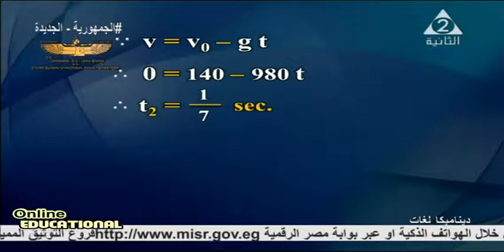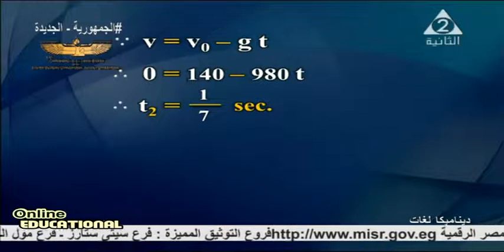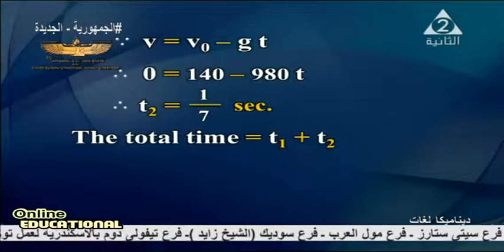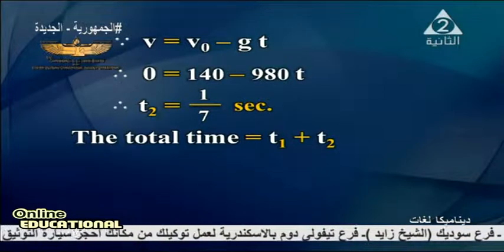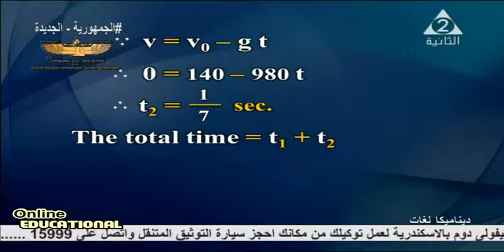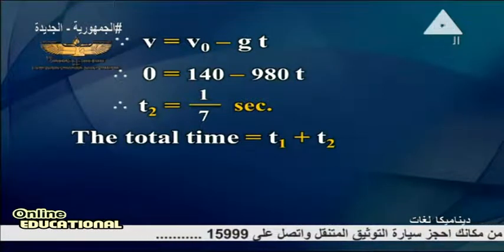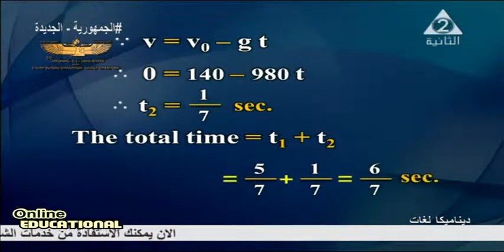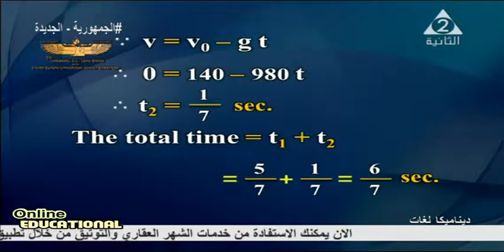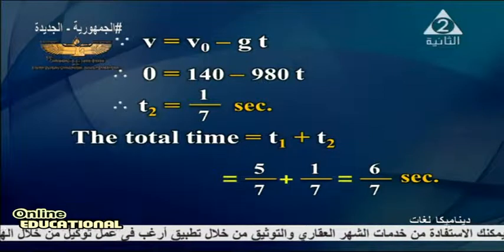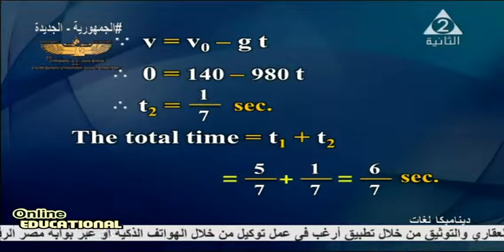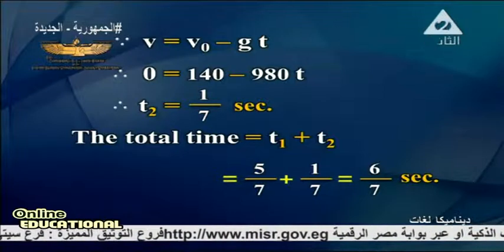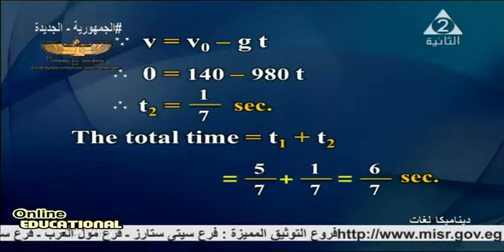Then the second time t2 equals 1/7 second. Then the total time taken by the second body from the beginning of motion until it comes to rest equals t1 plus t2, which equals 5/7 plus 1/7 equals 6/7 second. The first body impinges on the ground, and the second body starts to move upward after that. Then the total time equals 6/7 seconds.